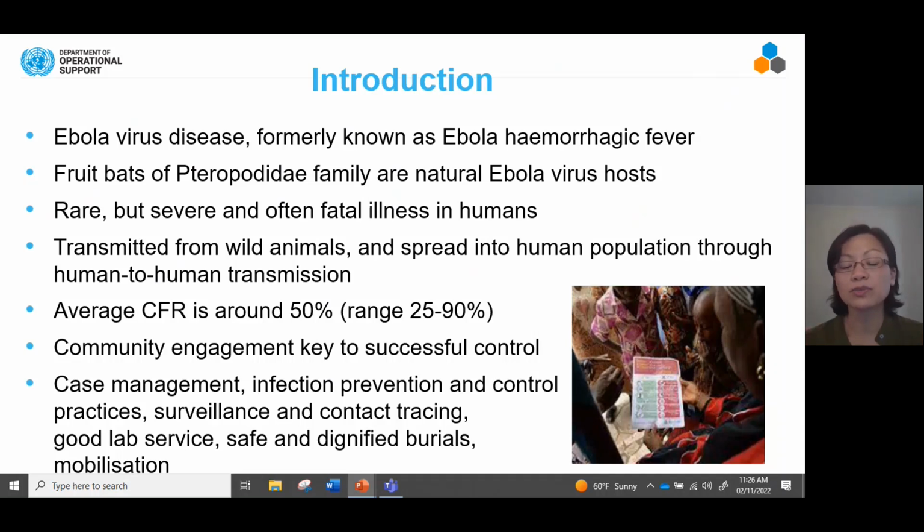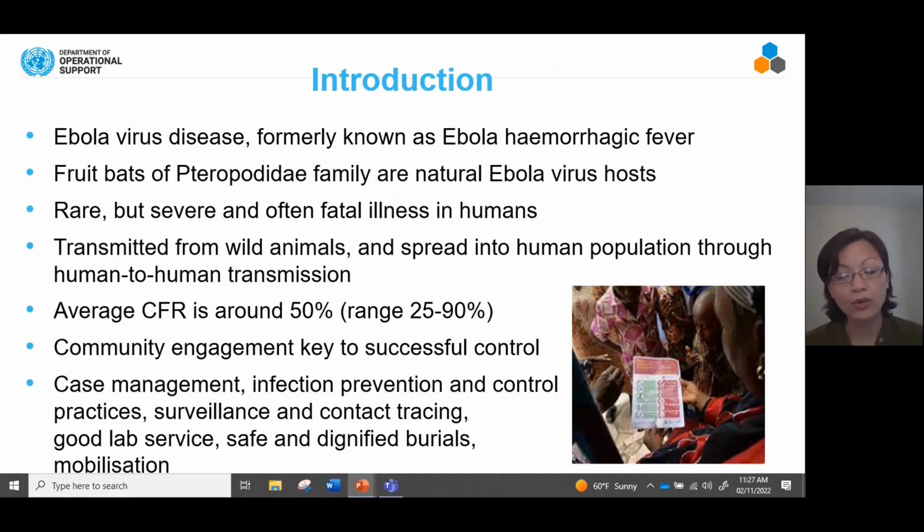The disease is transmitted from wild animals and then spread into the population through human-to-human transmission. Typically, the case fatality rate, and that means the number of deaths over the number of cases infected, is usually around half, 50%. It ranges between 25 to 90%. In the current outbreak in Uganda, it's about 28, 29%.